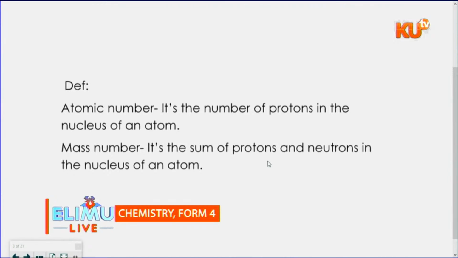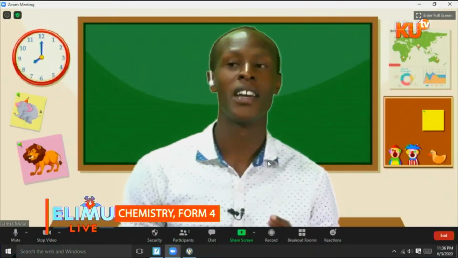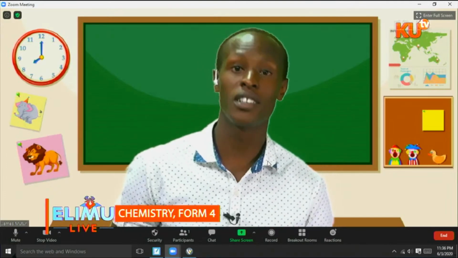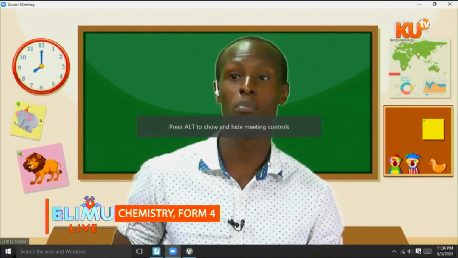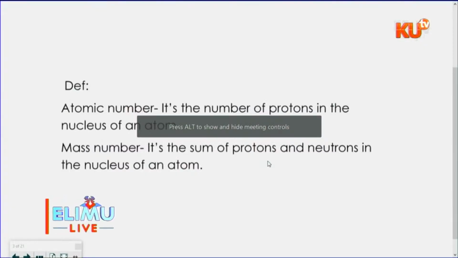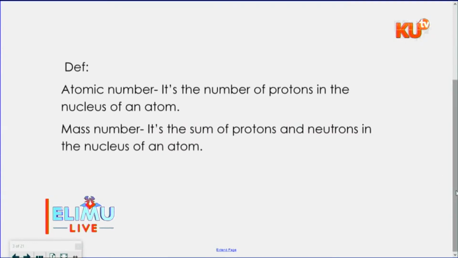So if you are told that calcium, the atomic number is 20, what does it mean? It means that it has 20 protons inside its nucleus. The other definition we look at is mass number. What is mass number?